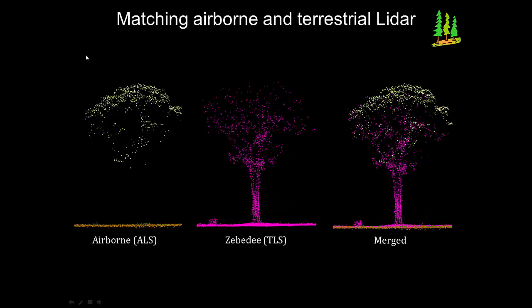As you can see, airborne LiDAR will never give you a lot of information about the understory, because there is always an occlusion effect, so the laser beam cannot penetrate through all the canopy to pick up information about the soil or the surface fuels.